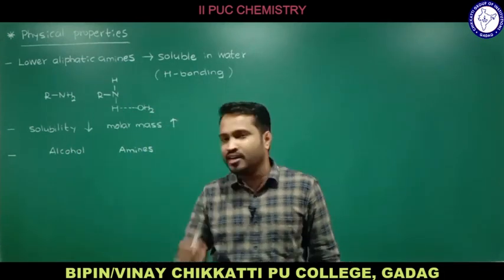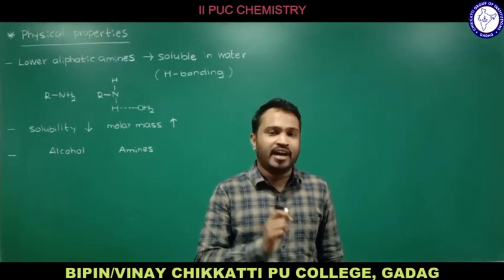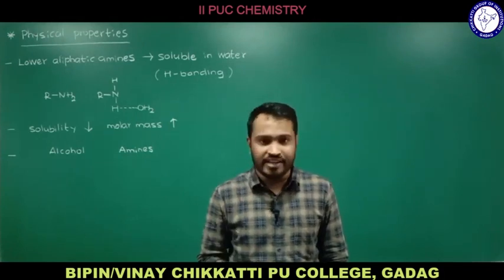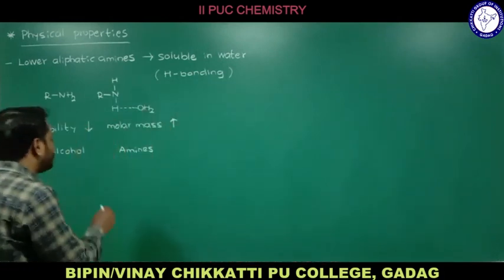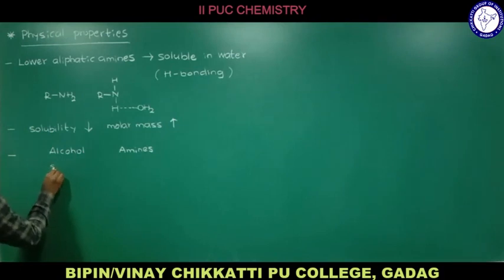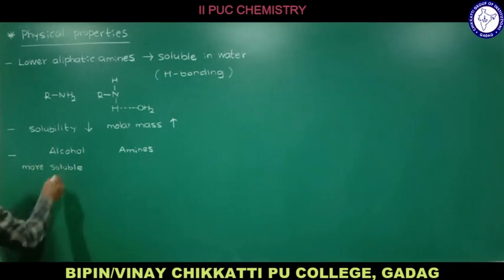Both compounds are soluble in water, and the reason is the formation of hydrogen bonding. Now if you compare the solubility of alcohols and amines, alcohols are more soluble in water when compared to amines.